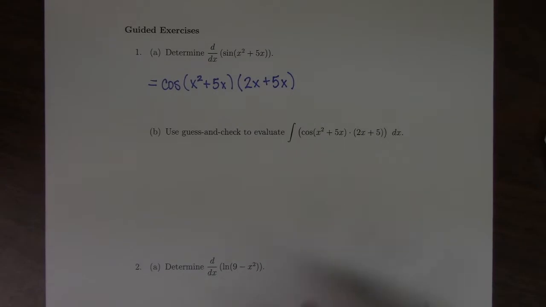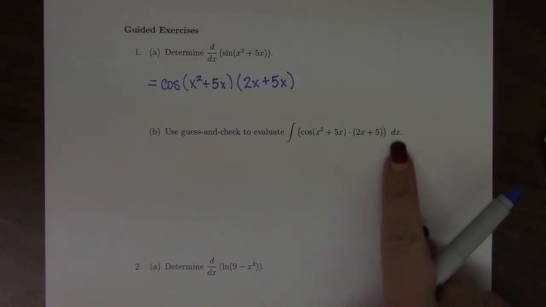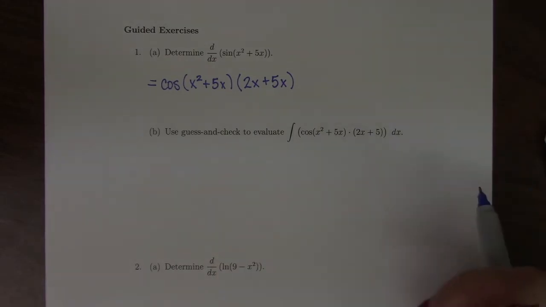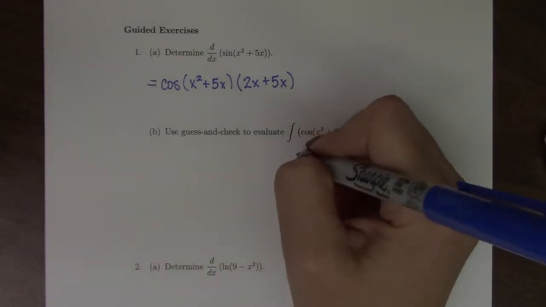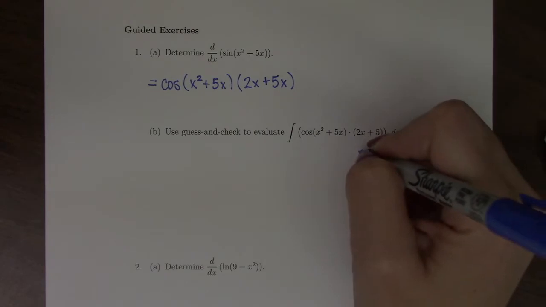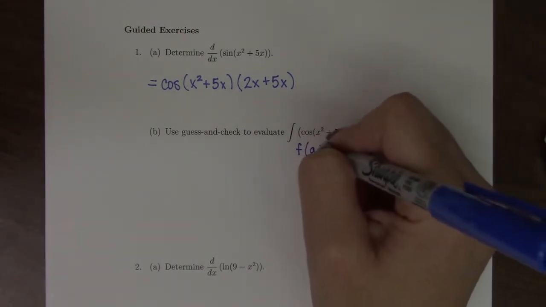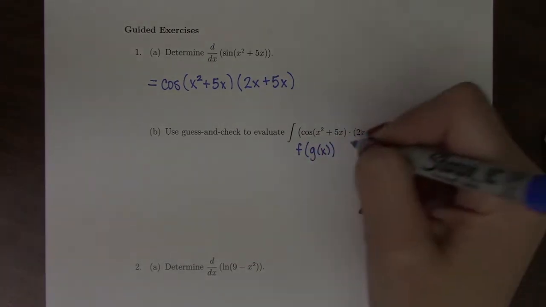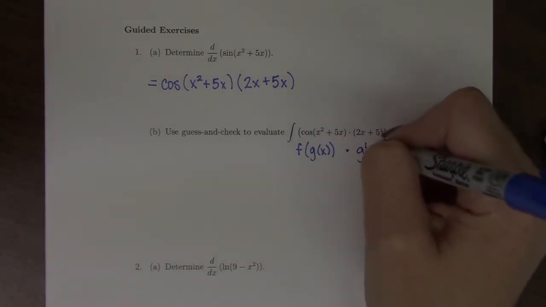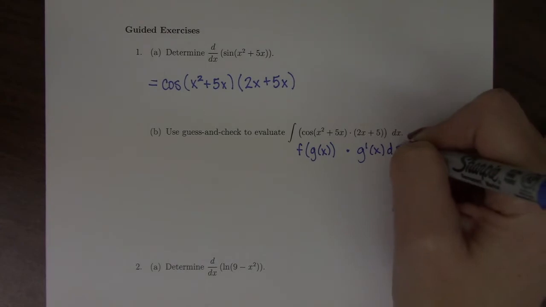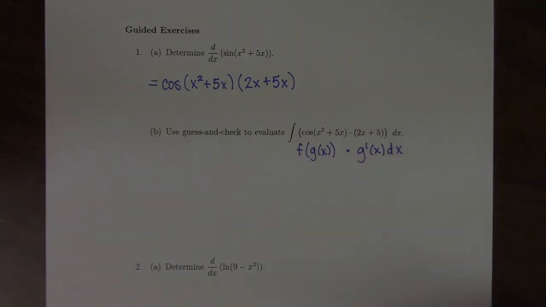Now let's see how to evaluate this integral by using sort of the guess and check. So we can see here that this is our f of g of x, and this is our g prime of x dx.